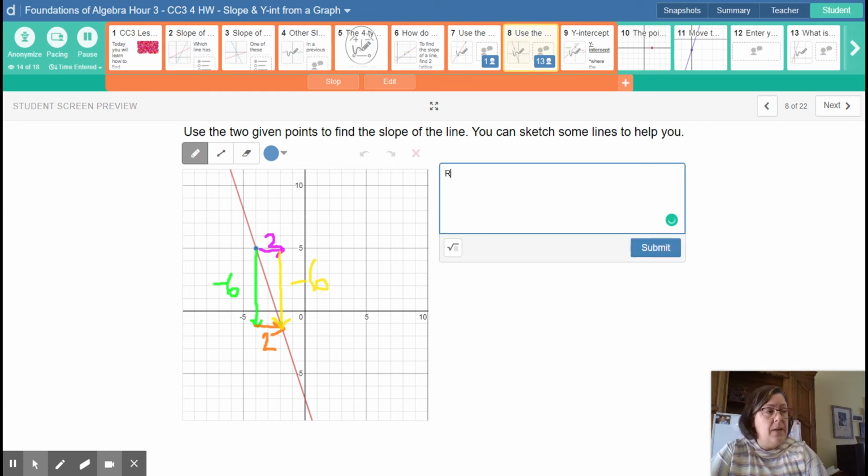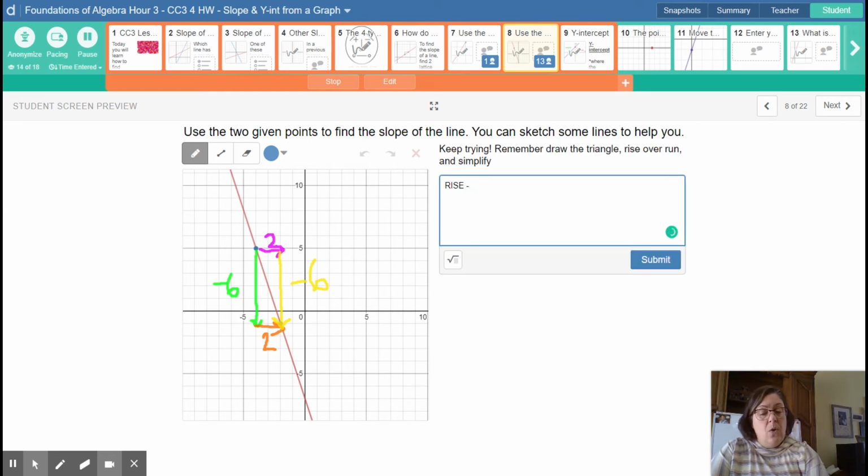For your rise, if you go up, it will be positive, or if you go down, it will be negative. For your run, that's the number in the bottom. If you go right, it will be positive, or if you go left, it will be negative.